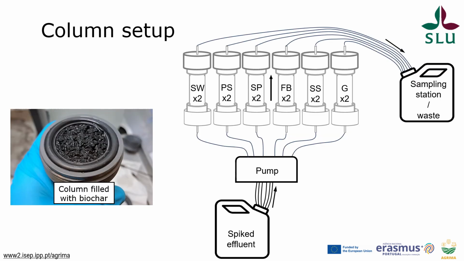Through these columns we put wastewater effluent, which we spiked with a set of pharmaceuticals to make sure we could trace them well, and then we let the wastewater flow through our duplicated biochar columns for a long time. I think we ran the experiment for almost a year, and here on the left you can see a column that's filled with biochar.